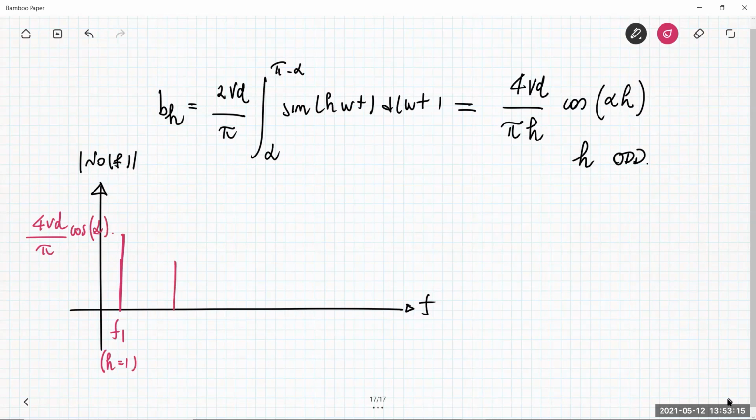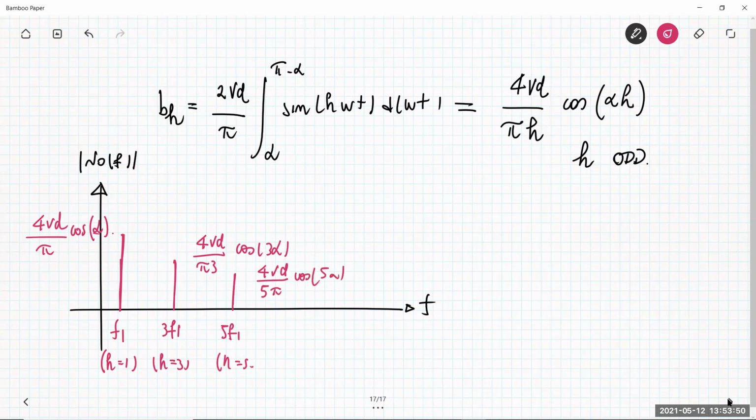Then, since H is an odd number, the other harmonic is the third one: 4 Vd over 3p cosine of 3 alpha. Let me just put here the fifth one: H is 5, 4 Vd over 5p cosine 5 alpha, etc., etc.